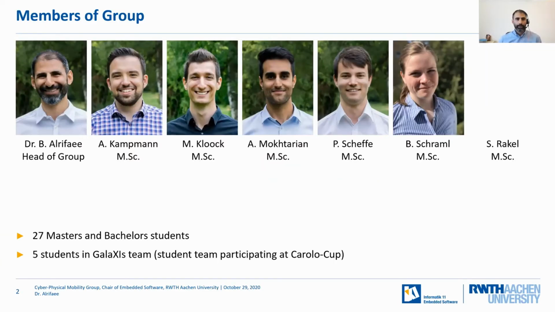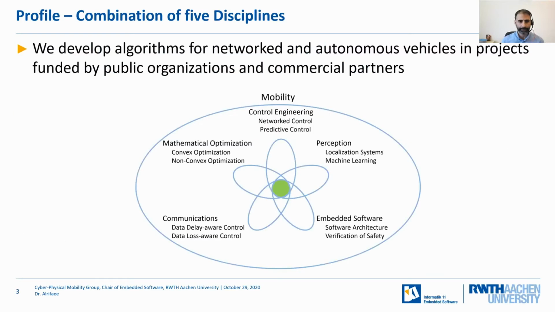The group members are 7. We work a lot with students, and we have also the student team participating at Carolo Cup. It's named Galaxis team. In the group, we combine 5 disciplines in mobility for developing algorithms for networked and autonomous vehicles.